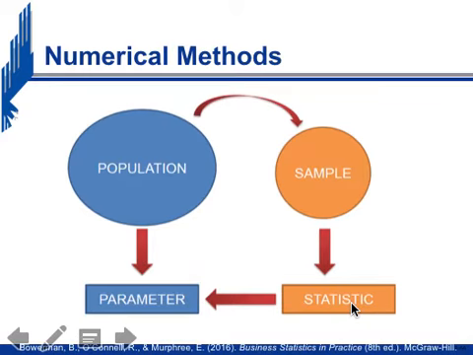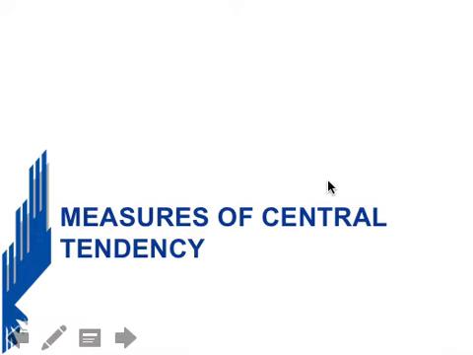And inferential statistics will help us infer the parameter, or make descriptions for the entire population, even if the data is only from a sample, assuming that the sample is representative.